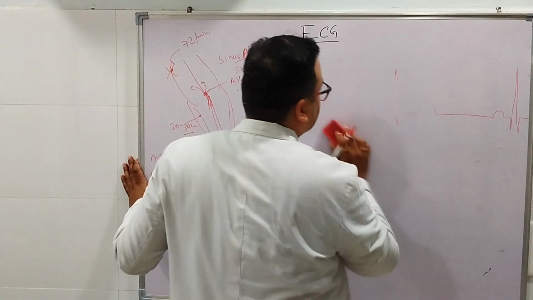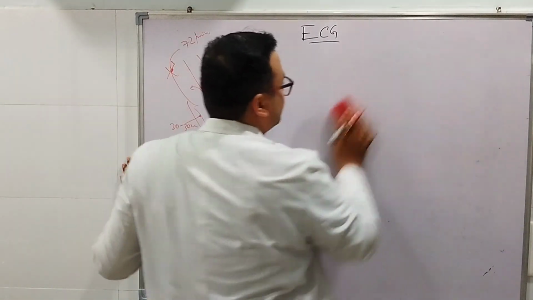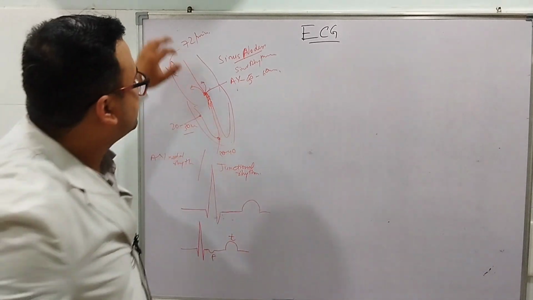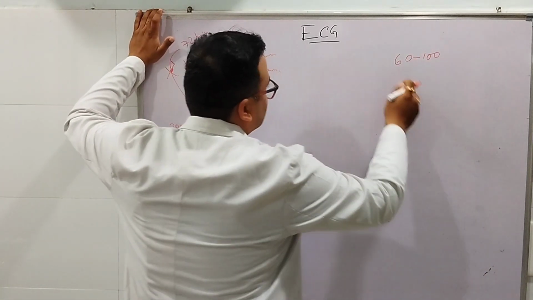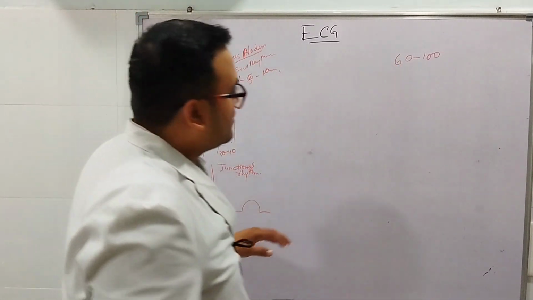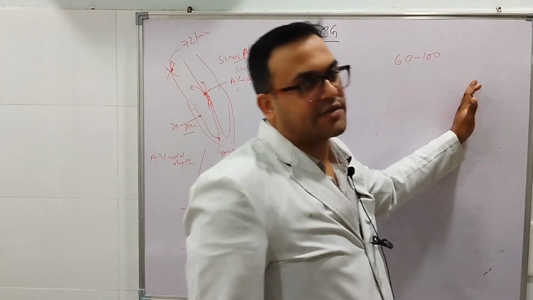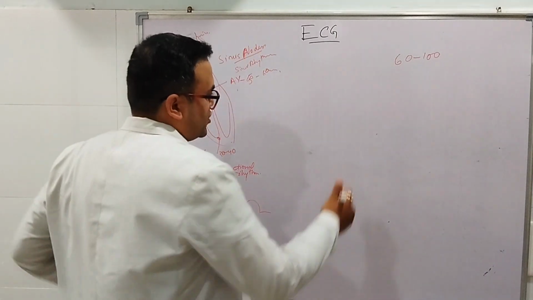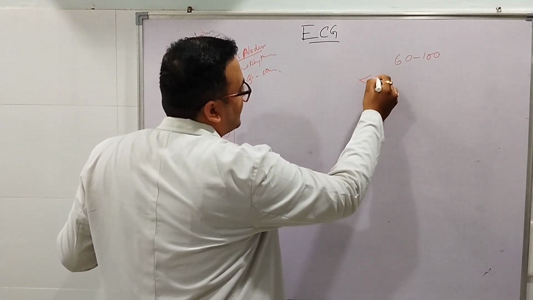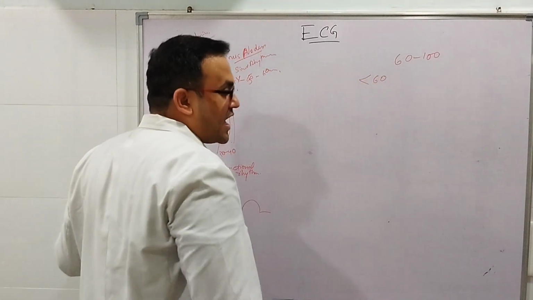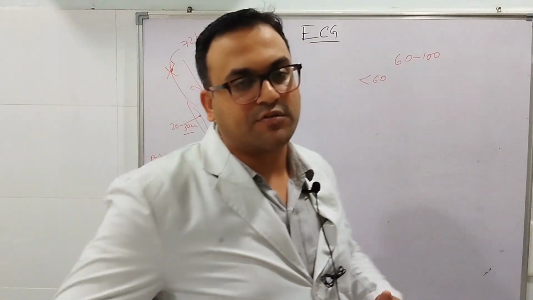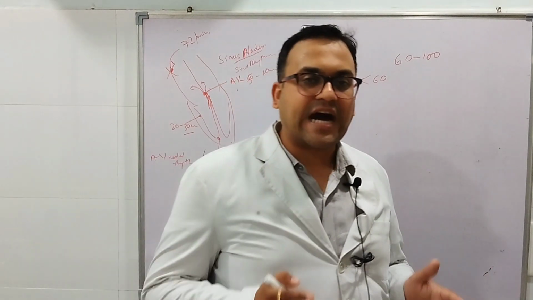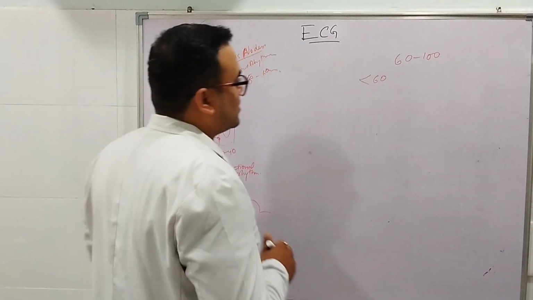What is the normal heart rate? The normal heart rate, I've told you, is 72, but it can vary from 60 to 100. Some textbooks mention 50. From 60 to 100 it can vary if we take a range. So if the heart rate is less than 60, there's a P wave followed by QRS followed by T, and all the RR intervals are at regular intervals.